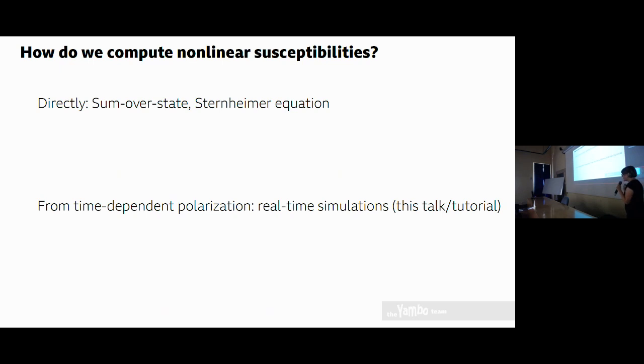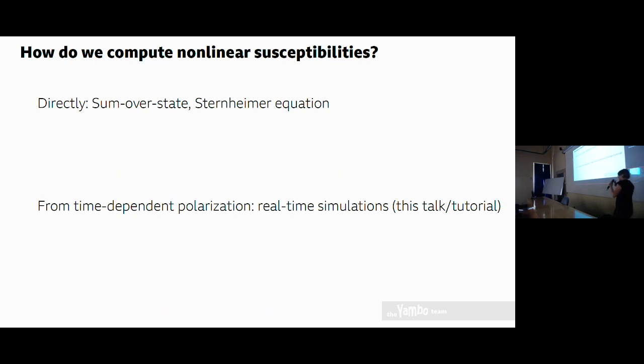So now I just have some overview of the quantities that we want. We basically would like to compute these nonlinear susceptibilities. So how can we compute those? We can compute them directly.